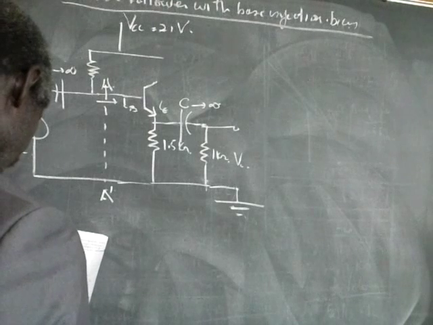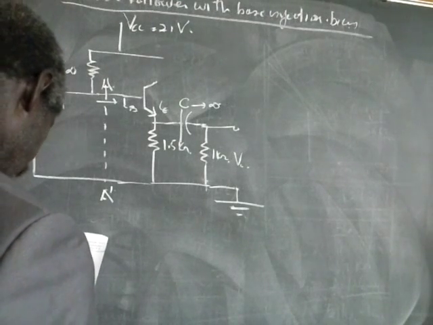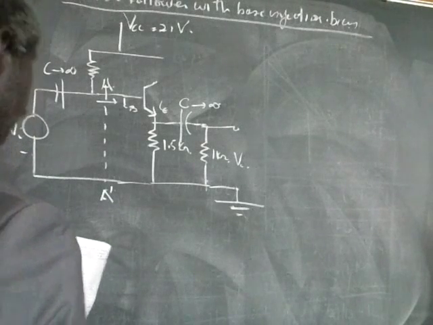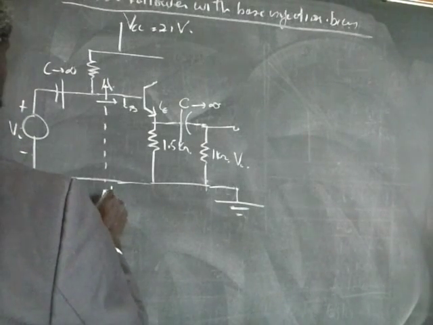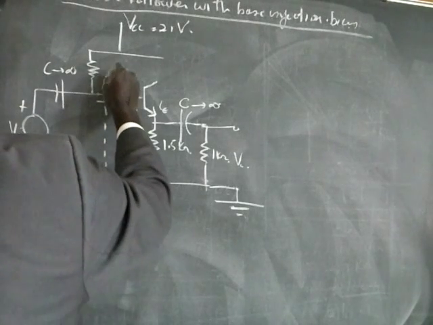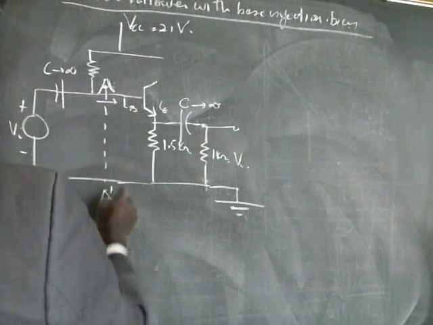Now for this method we find the Thevenin equivalent circuit looking into the base at A prime.